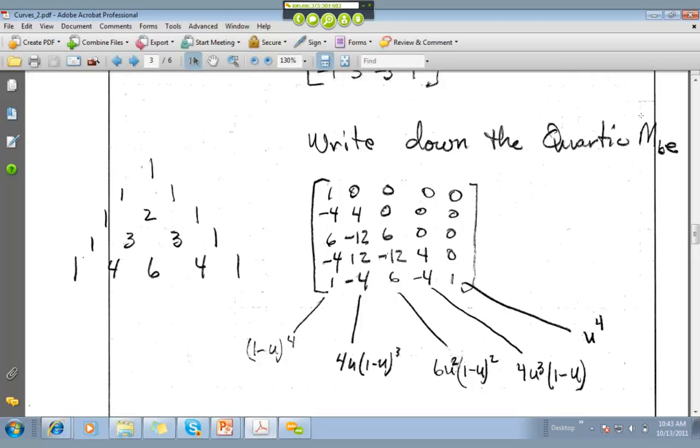And the next one is going to be 210, 210, 105. What do I do? Alternate signs. And so on and so forth. And then zeros.